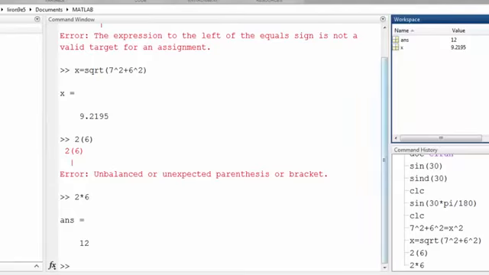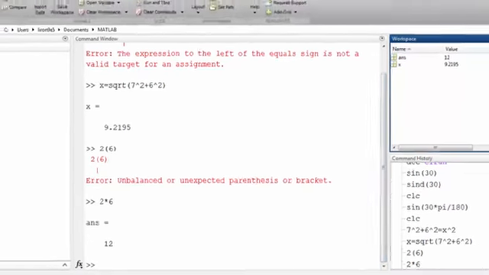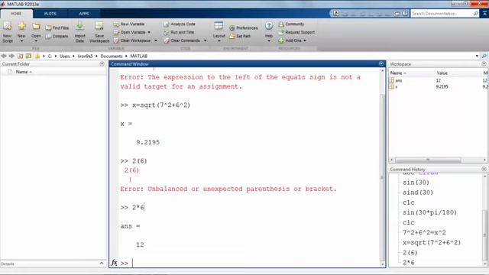So MATLAB stored it in a variable called x, and the next equation that I did, 2 times 6 equals 12, got stored in a different answer. This is normal. We can create as many results as we want. This is basically it as far as using the command window. Calculator, besides multiplication, it's identical.